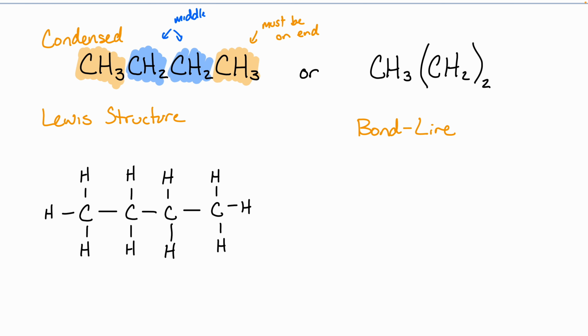This is how we indicate that there are 2 repeating units of that CH2. And then I need my other end cap here. So these parentheses with this little subscript on the outside indicate a repeating unit of, in this case, CH2s.